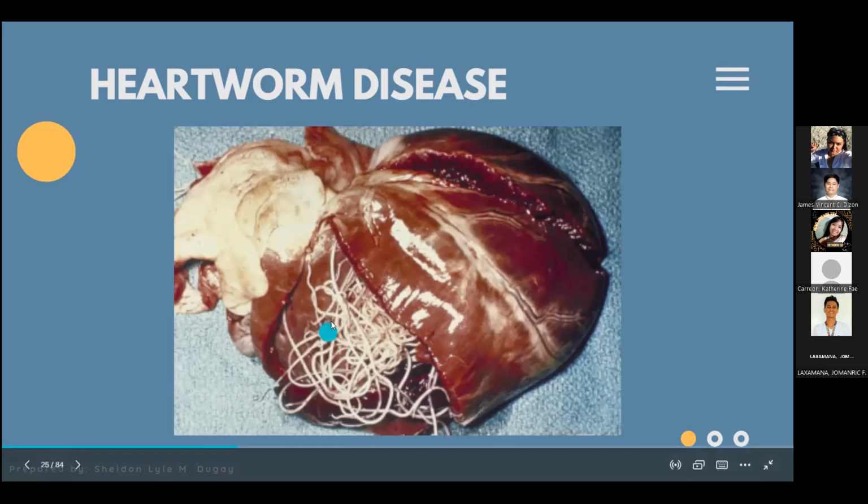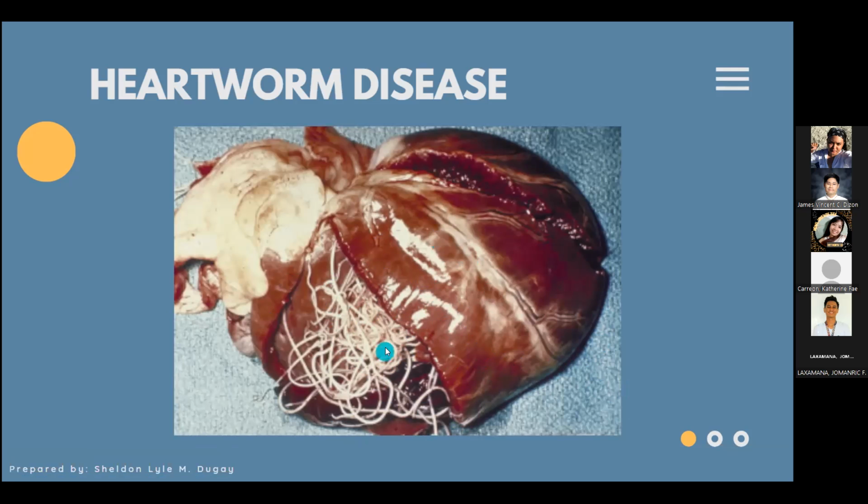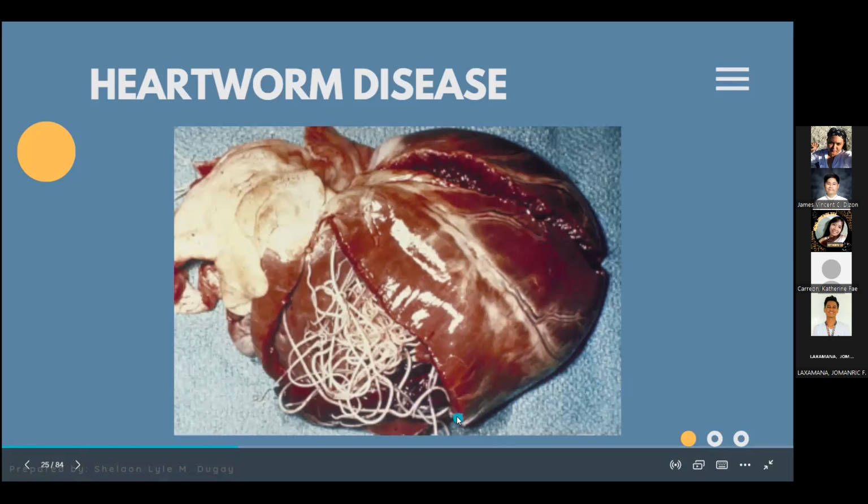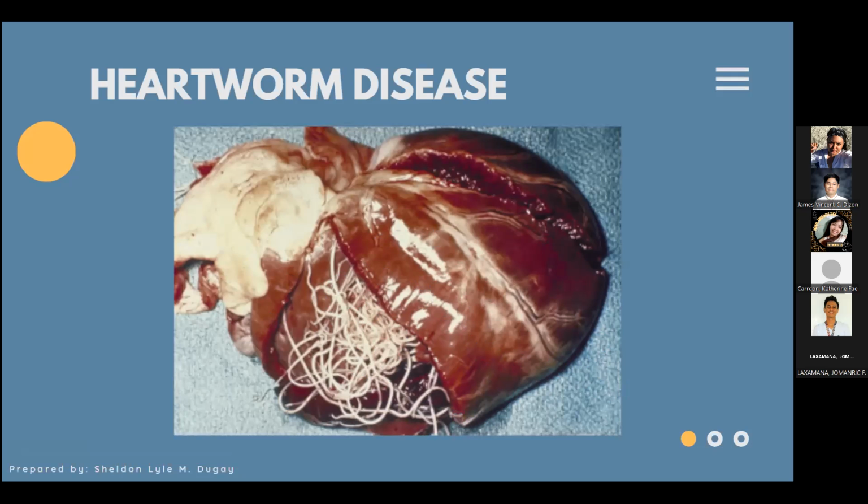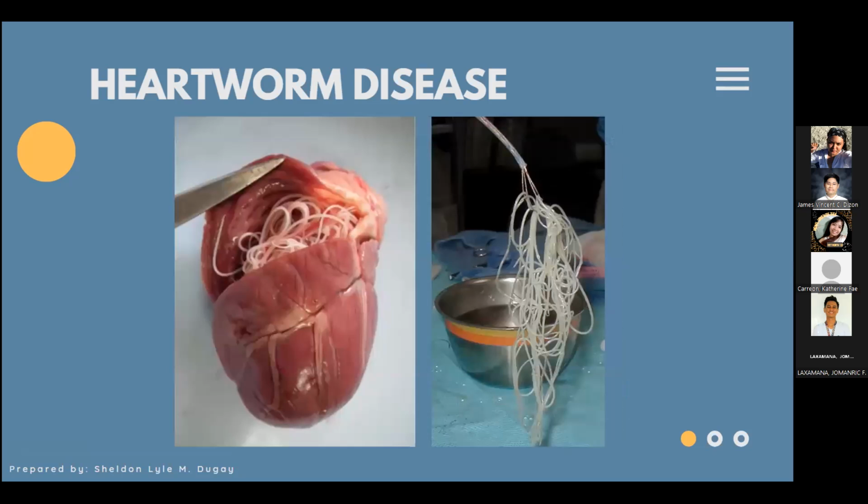So, ito yung heartworm na nag-lodge sa heart, sa ventricles ng heart. So, kung nandyan yan, syempre, mahihirapan mag-pump ng blood yung heart. So, ma-decrease yung supply ng nutrients, ng oxygen sa different parts of the body of the animal. And then other pictures, ayan, ganyan sila kahaba.